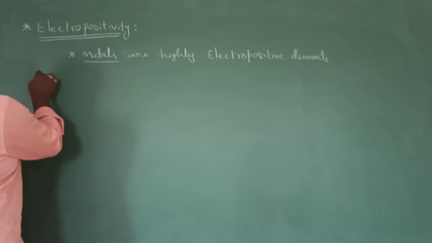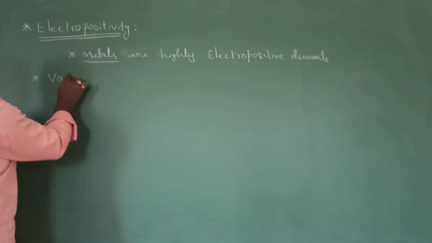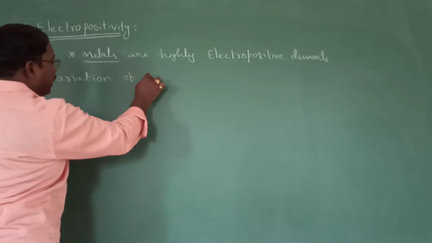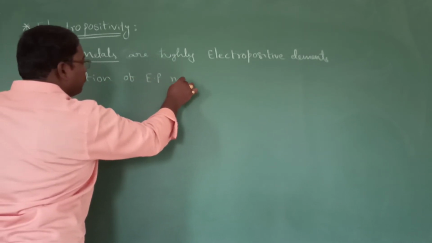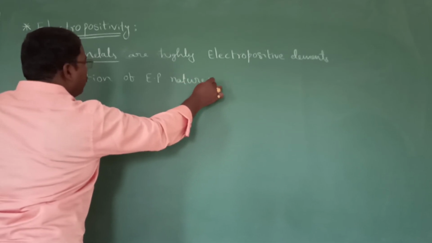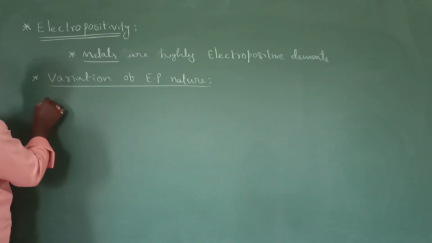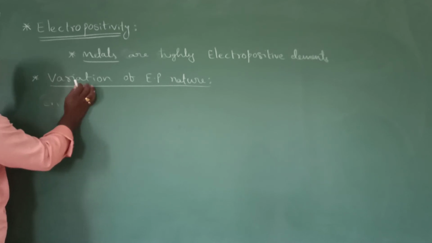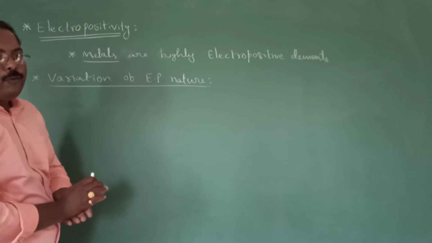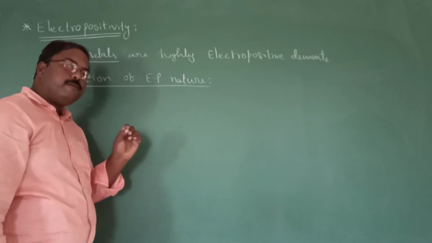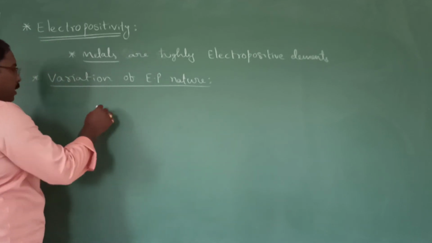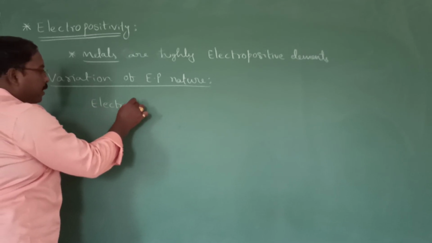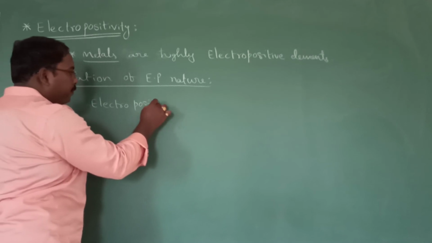Now let us discuss the variation of electropositive nature or electropositivity. Before discussing groups and periods, first let us look at the relation between electropositivity and the atomic radius.